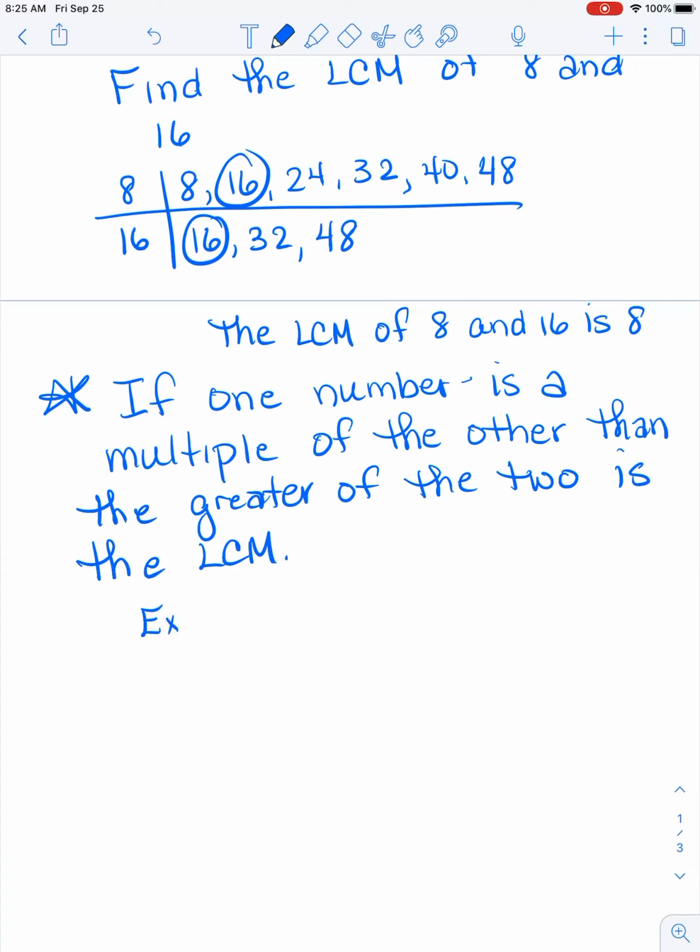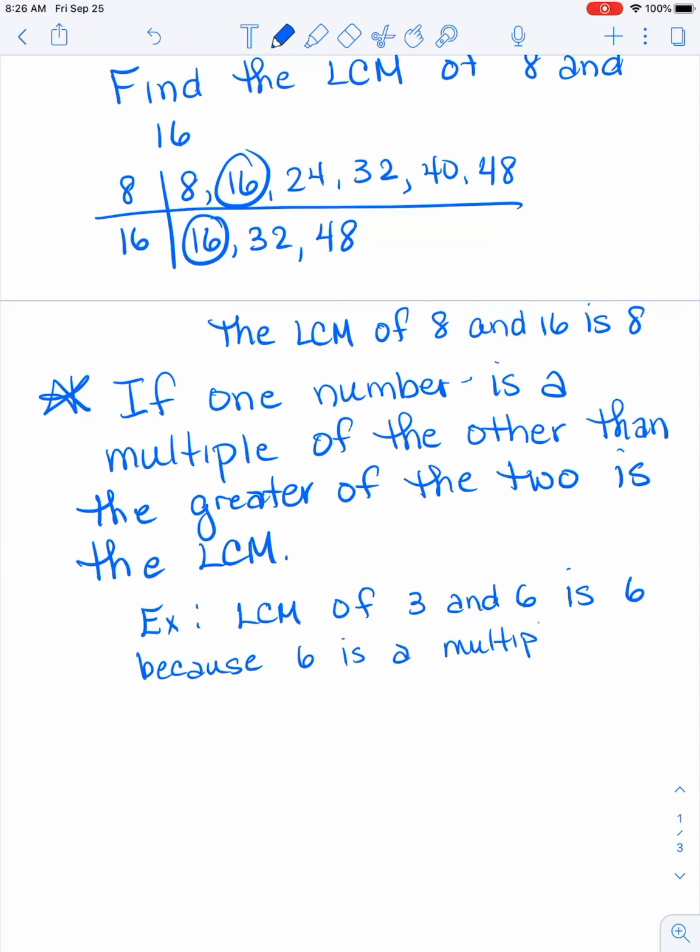Just to clarify, I'll give you another example. If I want to find the LCM of 3 and 6, I know the LCM is 6 because 6 is a multiple of 3.